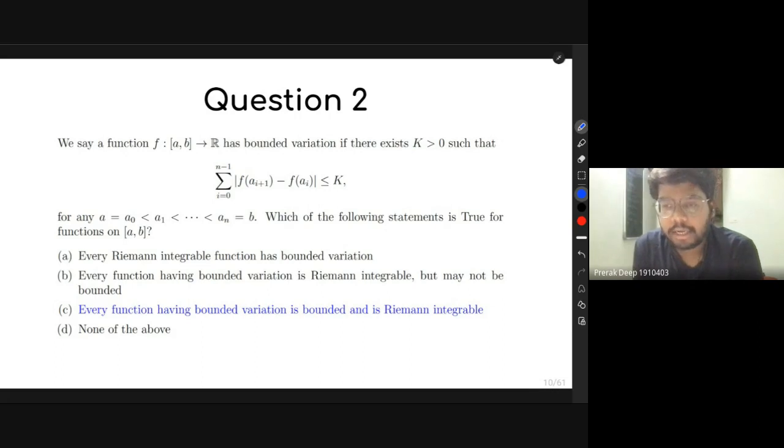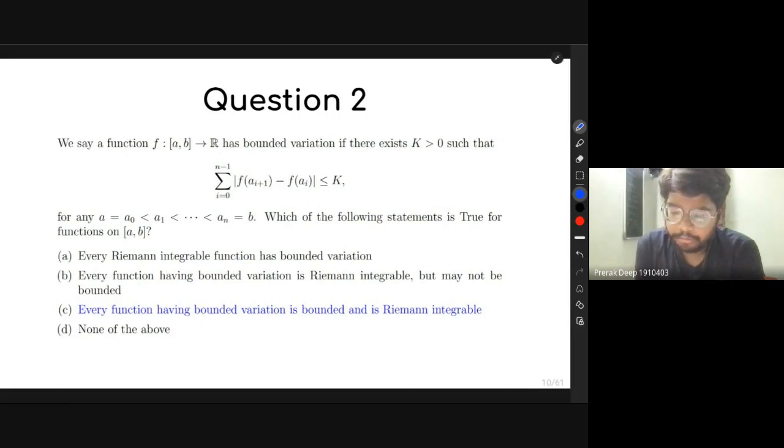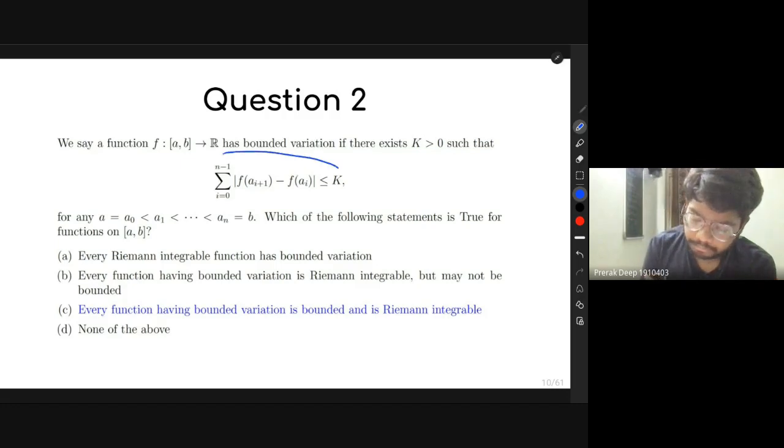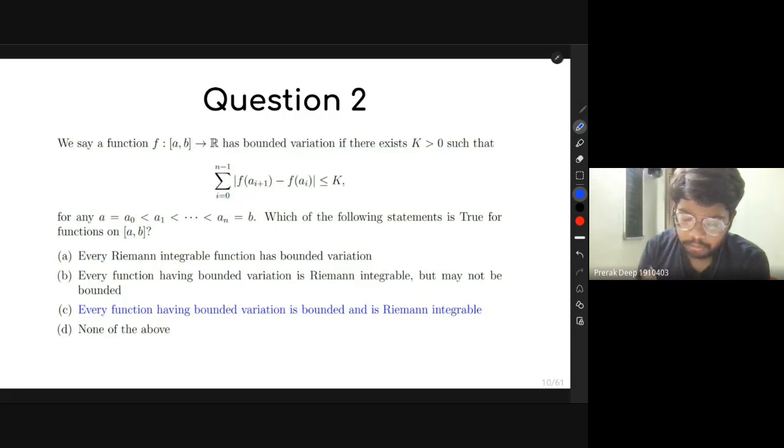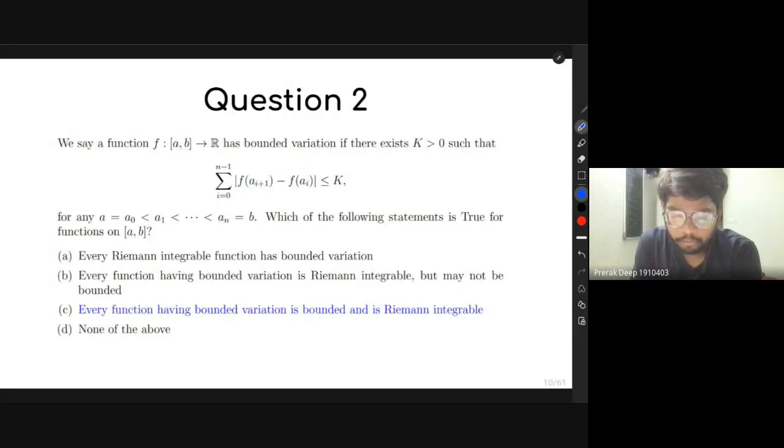If there exists a positive constant k such that this inequality holds for any partition of the closed interval [a, b]. Now we need to find out which of the following statements is true for such a function on [a, b].